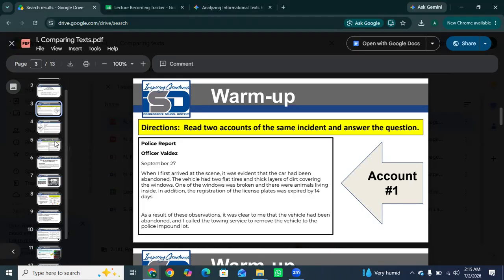Account one: an officer writes a report stating he found an abandoned car on September 27th. It had flat tires, was covered in dirt, had a broken window, animals living inside, and its license plate tags were expired. He had it towed away.